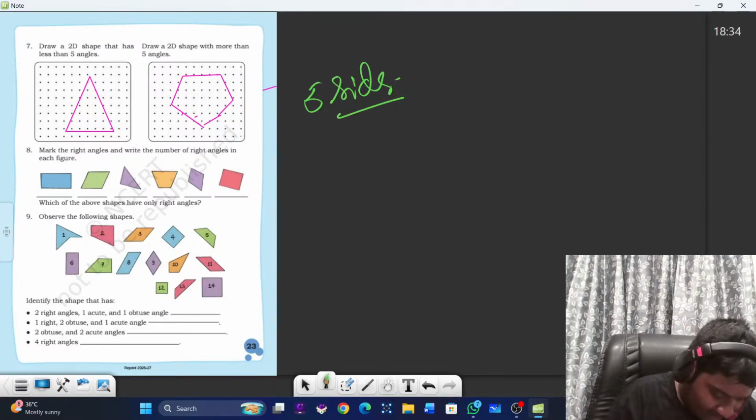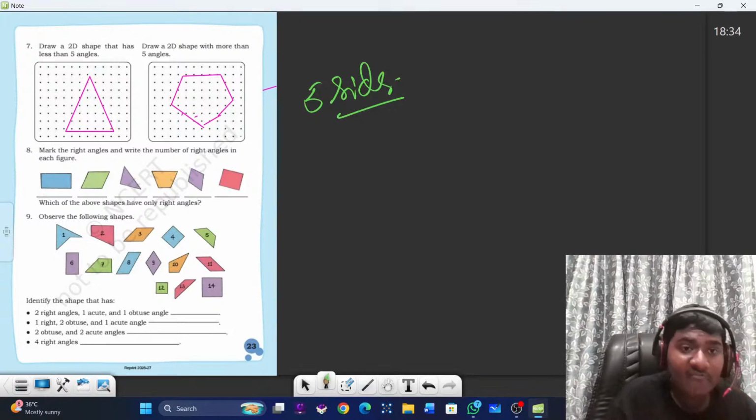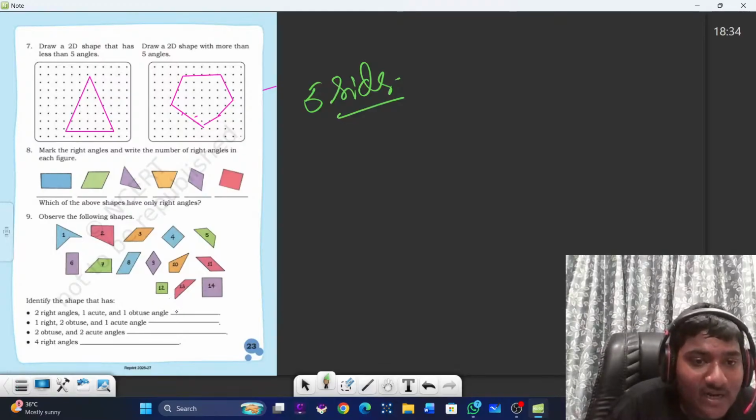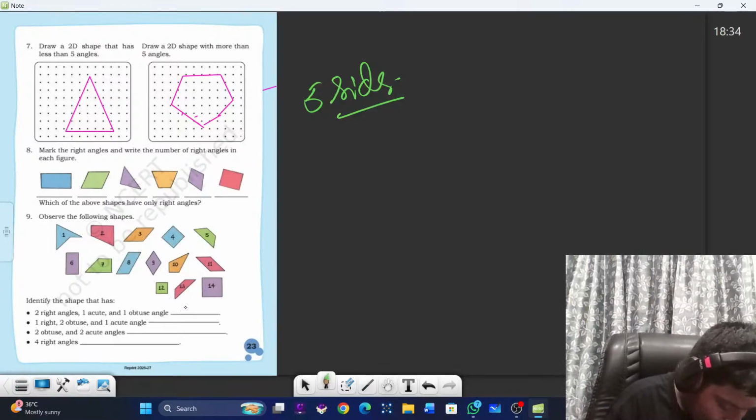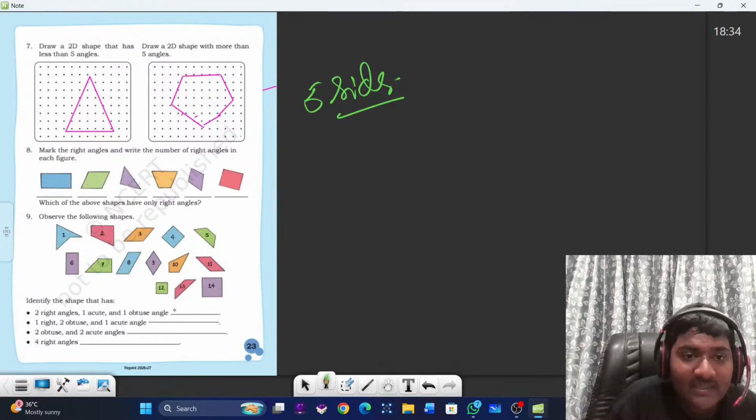So now the task here is how many right angles are there in the following pictures. Okay, children. So there are 2 right angles, one acute and one obtuse angle. Then what will be that? The shape 14 as given here.